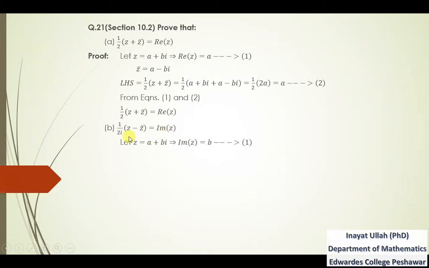You can solve this question in this fashion. We need imaginary part of Z, so imaginary part is b actually, that is equation 1, which is the right hand side, and then find its conjugate, and taking the left hand side, 1 by 2 iota, this is Z, and that is the conjugate, multiplying minus, so minus a minus minus plus b iota, minus a plus a cancel, b iota plus b iota is 2b iota, so that is 2b iota. 2 cancels, iota cancels, b into 1 is b, so the answer of the left hand side is b, and the answer of the right hand side is again b.